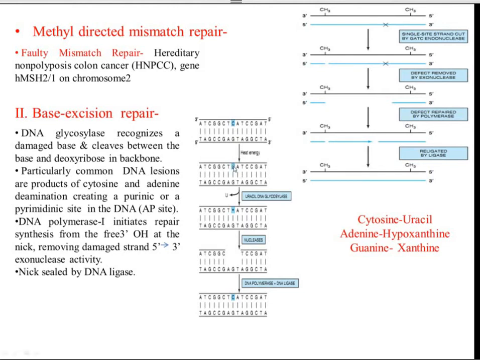Okay, this base was removed directly first by a glycosylase enzyme, then a nuclease enzyme removed the deoxyribose sugar to create an apyrimidinic site. So in this case, the nucleotide molecule was not broken away from the new strand. Only a single base was removed and it was simply excised away and then it was sealed by DNA ligase.